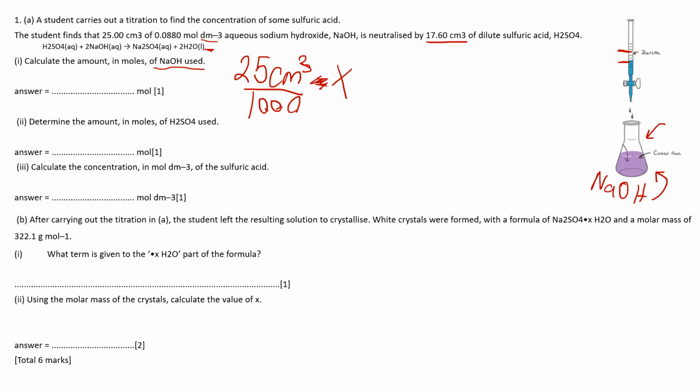So this is now in dm³, and then we multiply that by 0.088 mole per dm³, and if we plug that into a calculator, we get 0.0022 moles.